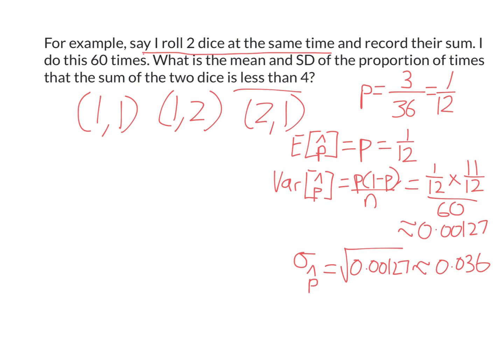If I kept performing this experiment over and over again and noted the proportion of times that I got a sum less than 4, the first time I might get a sum of less than 4 1/12 of the time, the next time I might get 1/10 of the time, the third time 1/15 of the time, and so on. It's just saying that the mean of these values I expect to be 1/12, and the variance of all these values will be 0.00127. The standard deviation of all of these scores we expect to be 0.036.